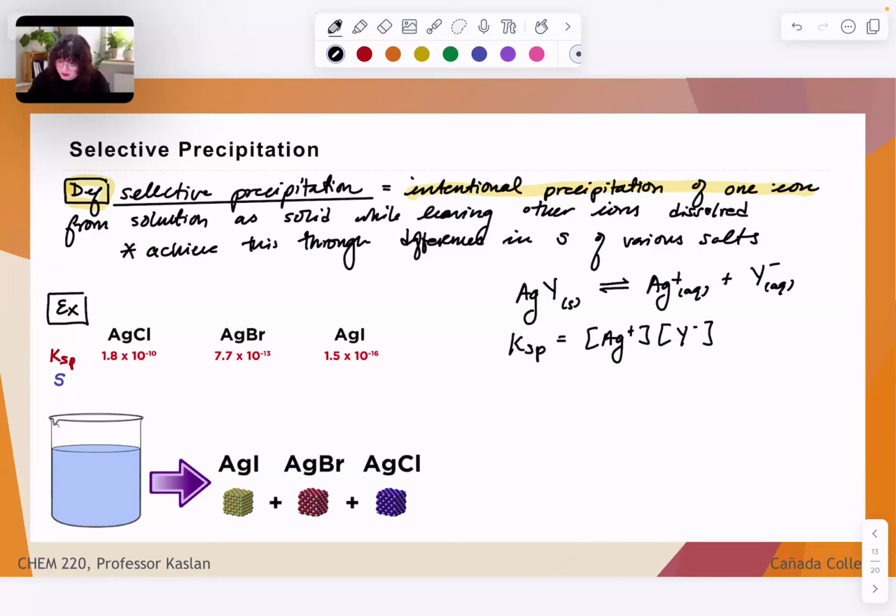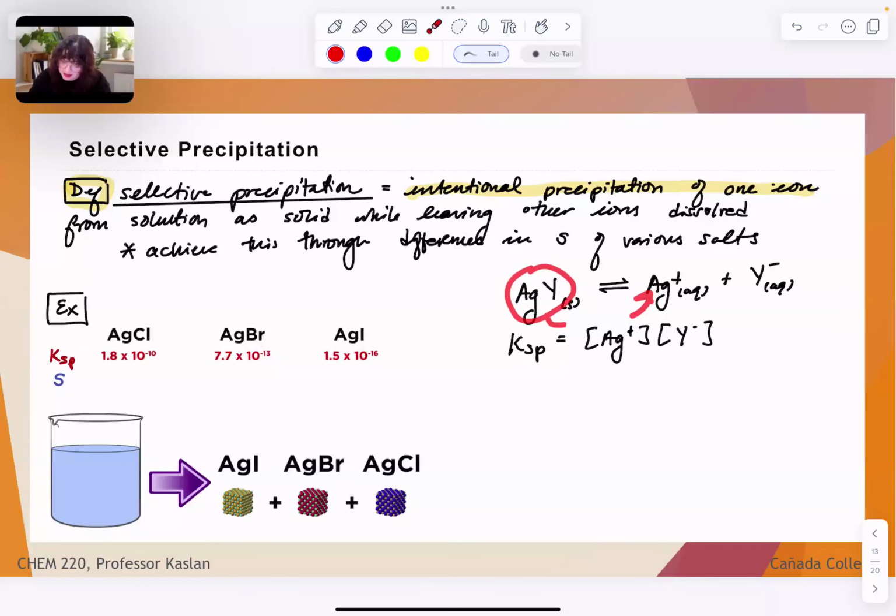And we know that because this is all a one-to-one stoichiometry, for every mole of this dissolved, we create an equimolar amount of the silver ion and the anion. So if we're talking about moles of solid dissolved, then we're talking about the molar solubility. So this can be replaced as S times S or S squared.